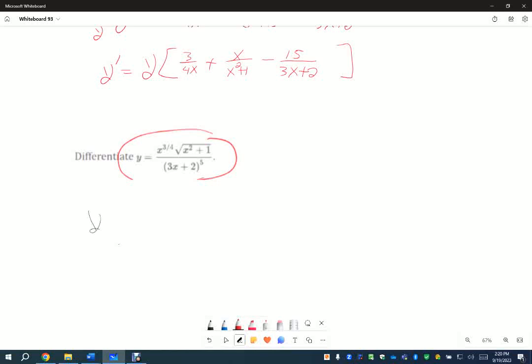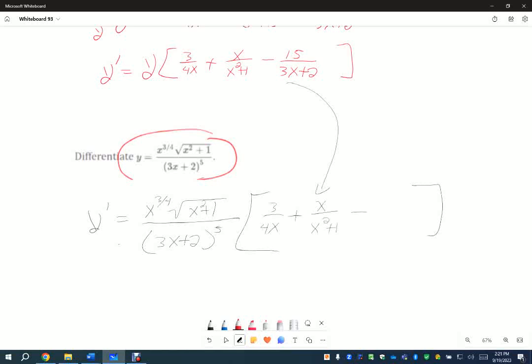So y prime equals y, which is x to the 3/4 times the square root of x squared plus 1 all over parentheses 3x plus 2 to the 5th times, and again we're just bringing this over, 3 over 4x plus x over x squared plus 1 minus 15 over 3x plus 2.